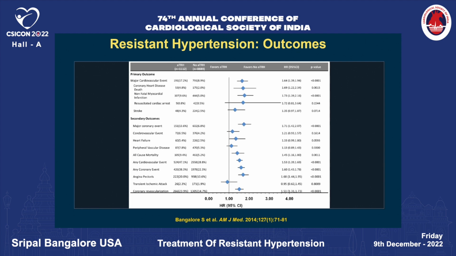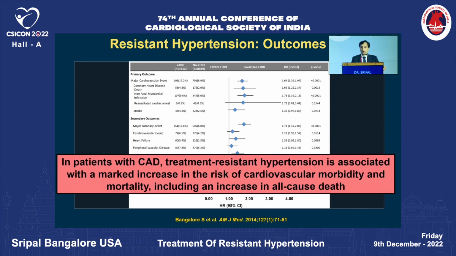When you compare patients who had resistant hypertension to those who did not, you can see that patients with resistant hypertension had worse outcomes: significant increase in major cardiovascular events, coronary heart disease related events, non-fatal MI, increase in the risk of stroke, major coronary events, all-cause mortality, any cardiovascular events, any coronary events, angina, and need for coronary revascularization. So if you have patients with coronary artery disease and they have resistant hypertension, they have a markedly increased risk of cardiovascular morbidity and mortality, including an increase in the risk of all-cause death.